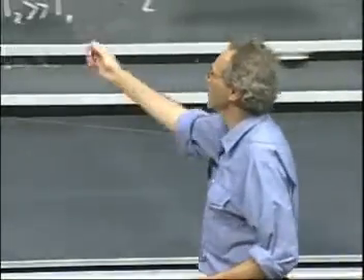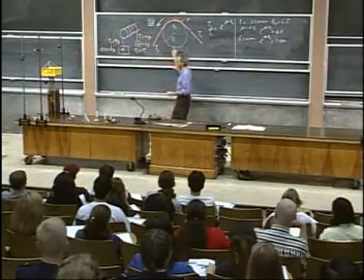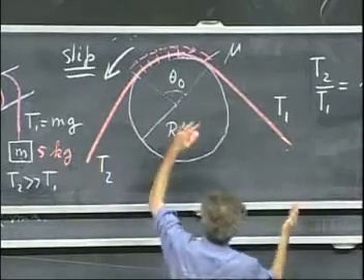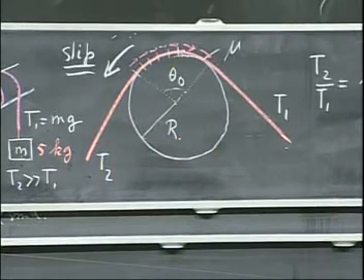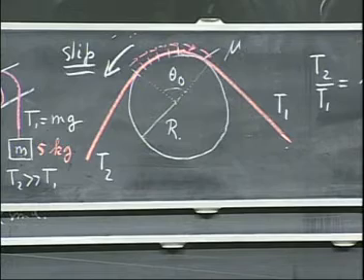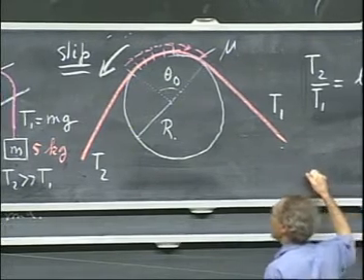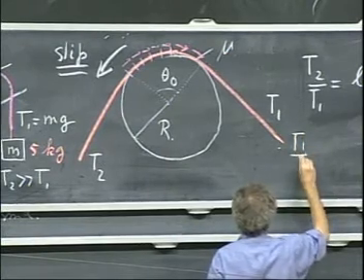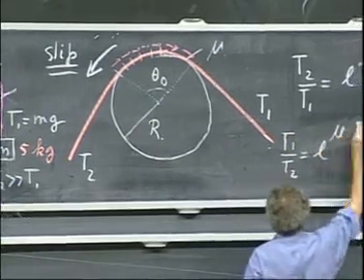Because if you want to pull this up, the situation completely reverses. Those frictional forces for this rope to go in this direction will flip over. In other words, what is now T1 in our calculations will become T2. So if you want this side to go down, if you want to have it slip in this direction, you're going to have that T1 divided by T2 is now e to the power mu theta.